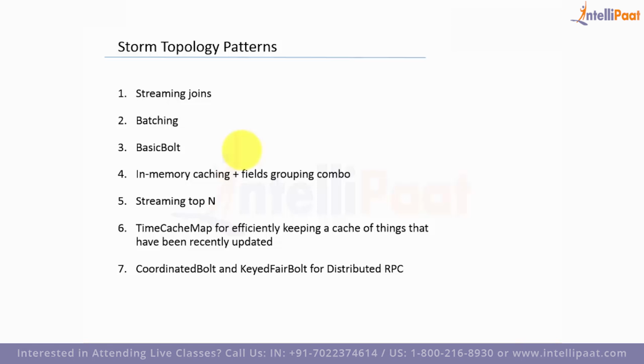The fourth is in-memory caching plus fields grouping combo. The fifth is streaming top n. The sixth is time cache map, for efficiently keeping a cache of the things that have been recently updated. And the seventh is coordinated bolt and keyed fair bolt for distributed RPC. Let's discuss these topology patterns in a nutshell.